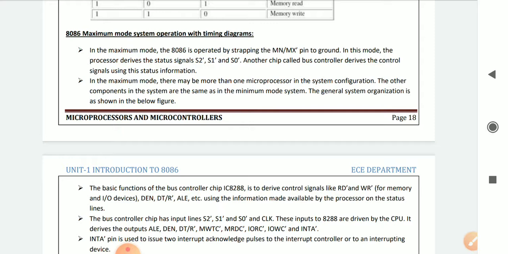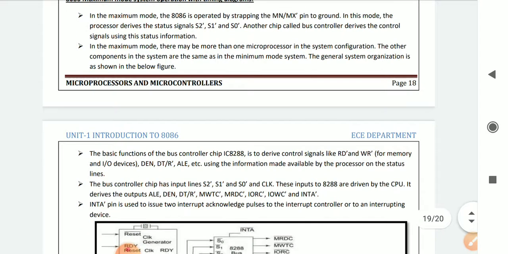Okay, C means command. Okay, memory read command, memory write command. Okay, input output read command, input output write command and INTA bar. Okay, the INTA bar pin is used to issue two interrupt acknowledge pulses to the interrupt controller or to an interrupting device. Okay, so whenever an interrupt is acknowledged, this pin will show an active low signal.